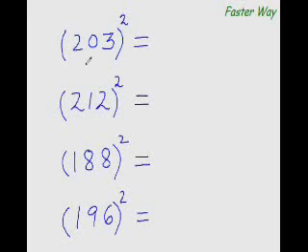Now find the squares of all these numbers as fast as you can. Quickly. Start with the first number, 203 square. So take the base as 200. So this is 3 more than the base.